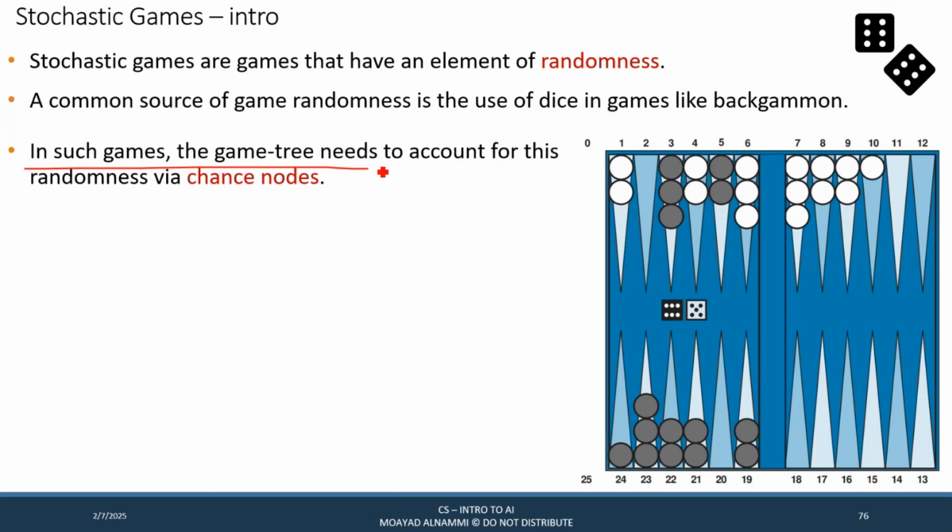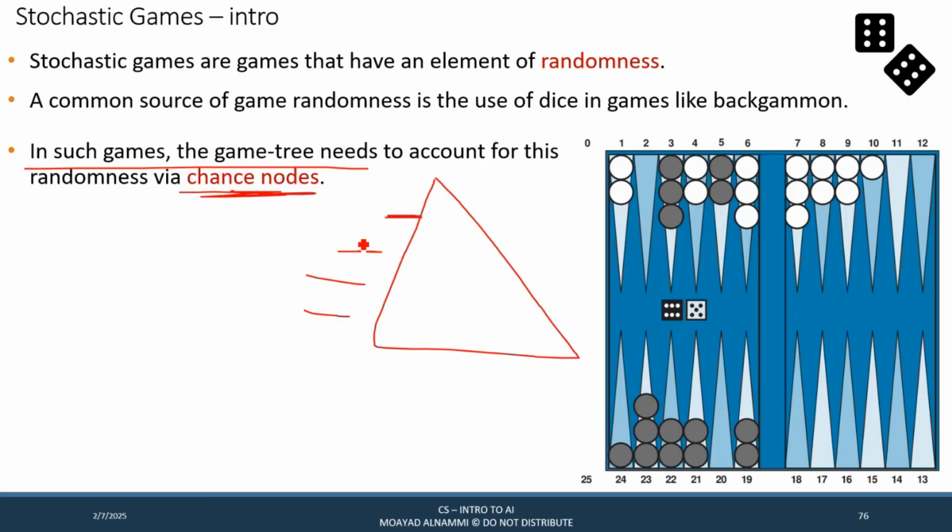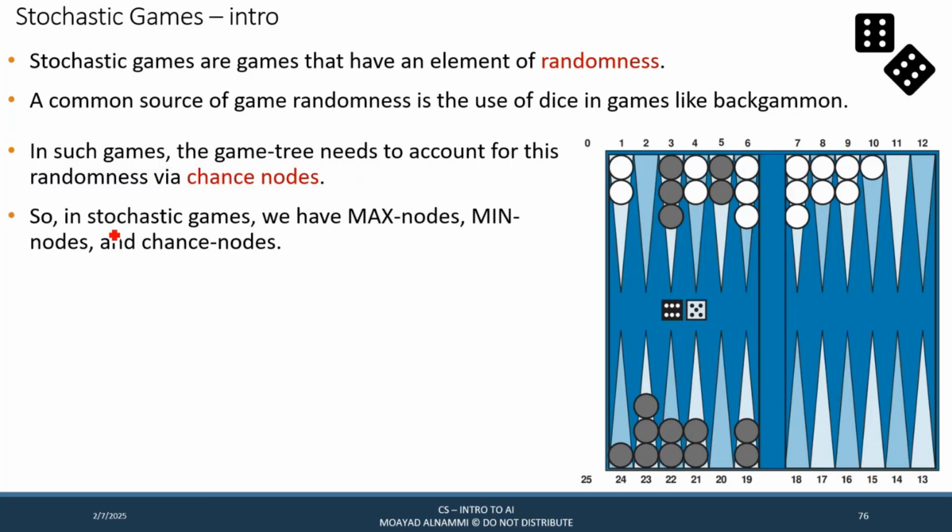So in such a game, when you grow your search tree or your game tree, you're going to need to account for the randomness via something called chance nodes. So we're going to introduce a level or levels in this tree that are called chance levels. So in stochastic games, we have max nodes, we have min nodes, and we also have these chance nodes.